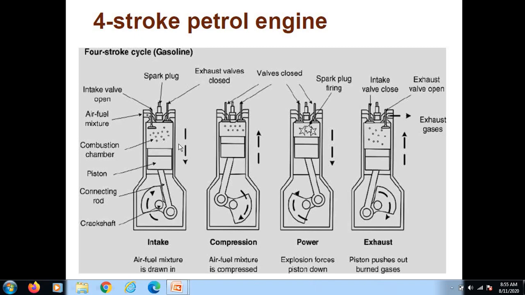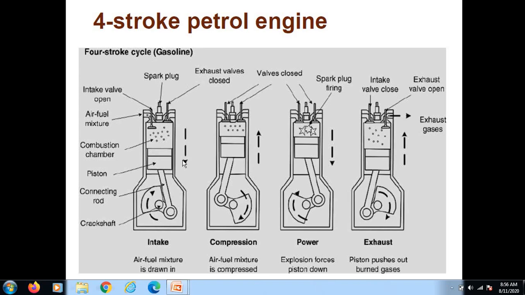At the starting of the engine, say this piston is at the top dead center. It is moving from top dead center to bottom dead center, and the inlet valve will be open. The piston moves from top dead center to bottom dead center.